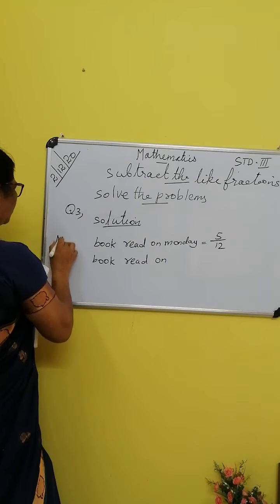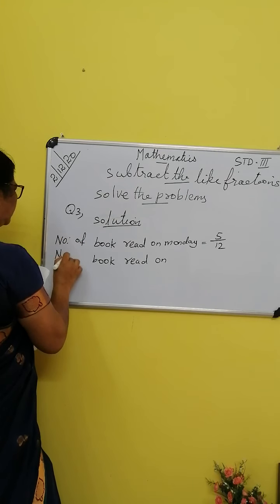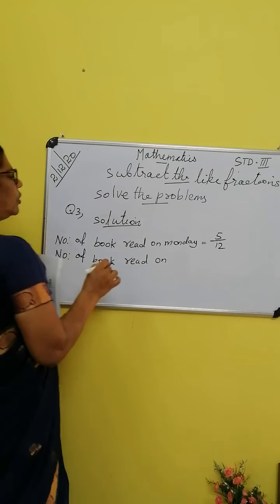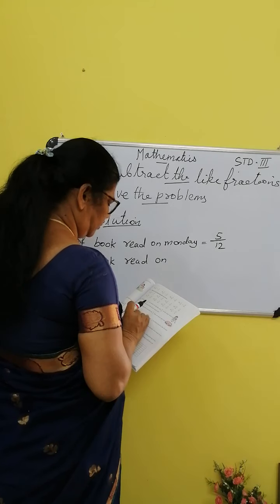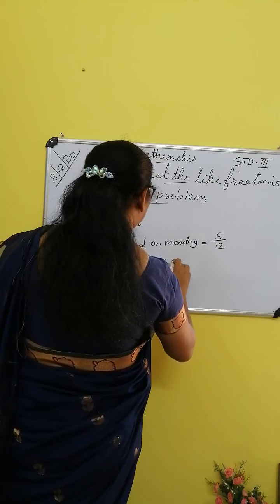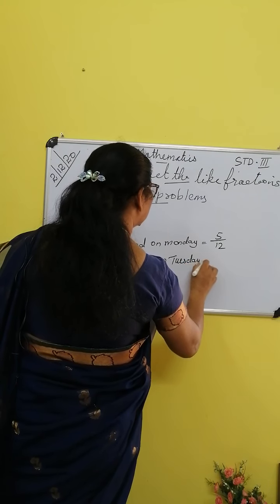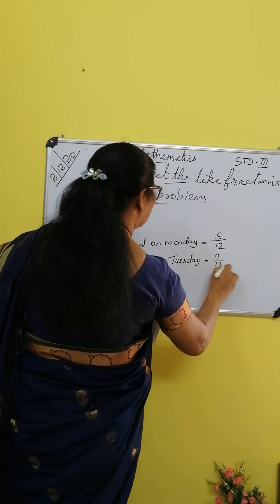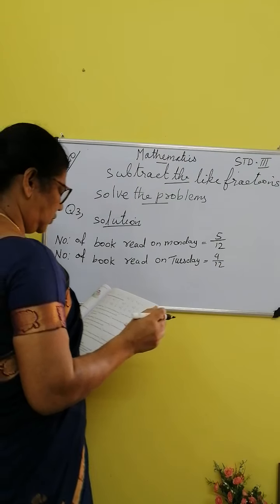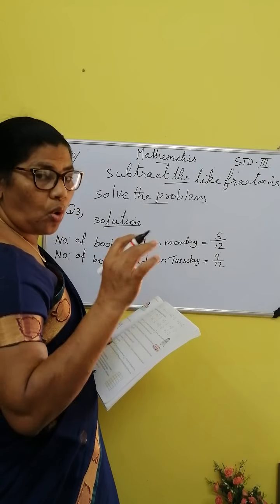You write the number of books read on Monday, the number of books read on Tuesday, 4 by 12. So what do we have to find out? What fraction of the book she read in all?